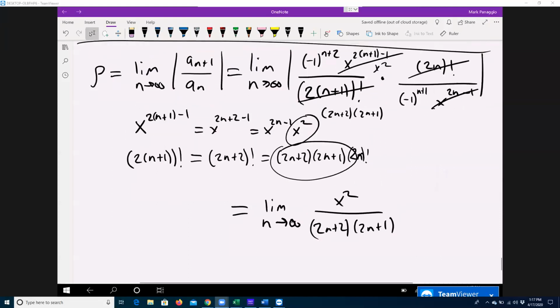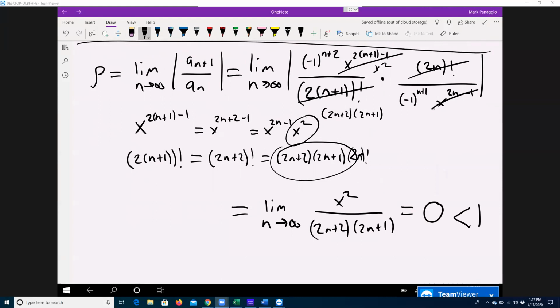And that limit is not so bad because the numerator is not changing and the denominator is getting larger. And therefore, this must be approaching 0, which is always less than 1. And so that means that it doesn't matter what the value of x is, we're always going to converge.